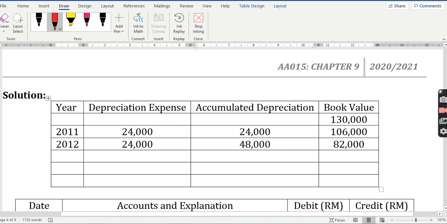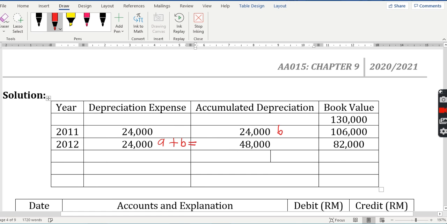As you can see here, how do you get to 48,000? This is from here, A, plus B. Where is B? This is B. So this is how you get 48,000.